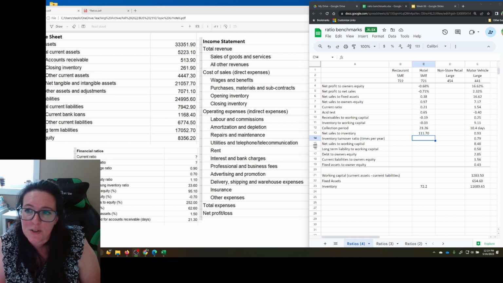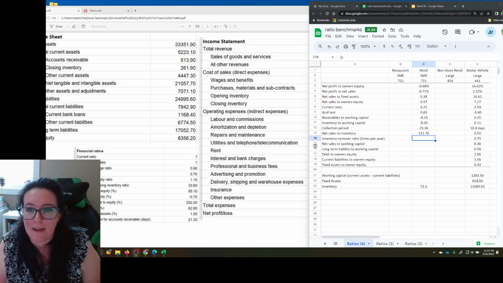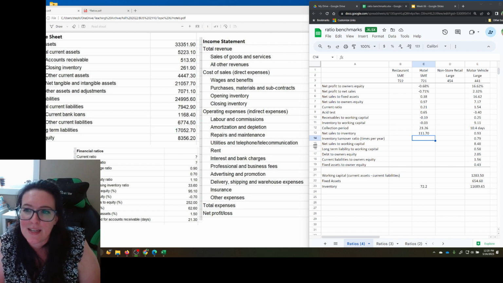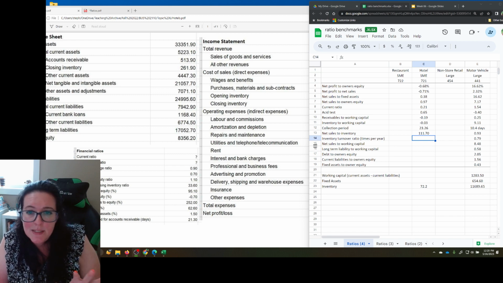Whereas in a motor vehicle industry where there is a lot of inventory, or in a company that manufactures, if you're Coca-Cola, if you make pipes, whatever, if you're someone who produces goods, then these financial ratios that are related to inventory are going to be important for looking at how well your business is performing and how well it's being managed. All right, so here we did the net sales to inventory. Too high, missed sales opportunities; too low, excess inventory. But again, industries that have very little inventory will have high numbers to start with.